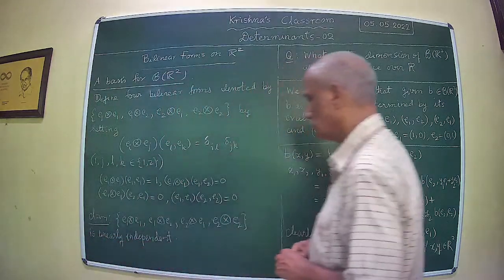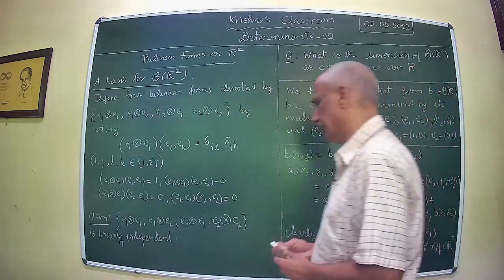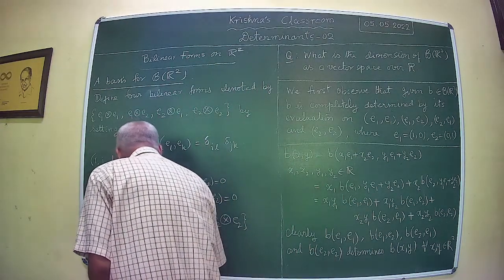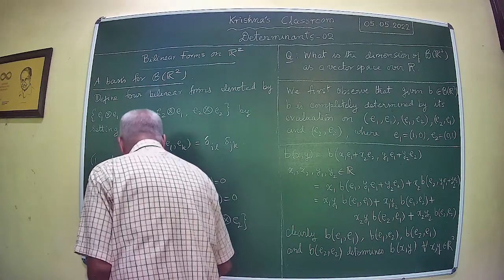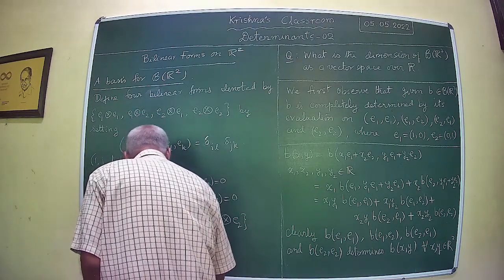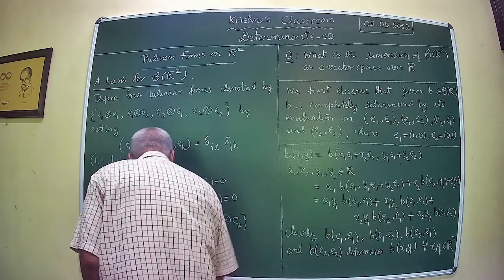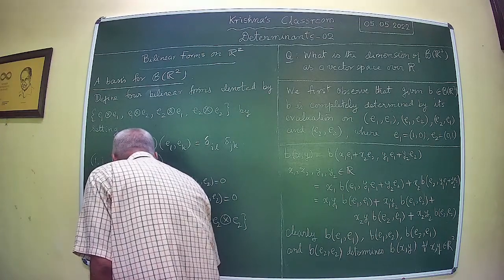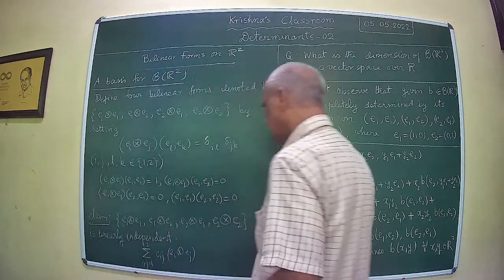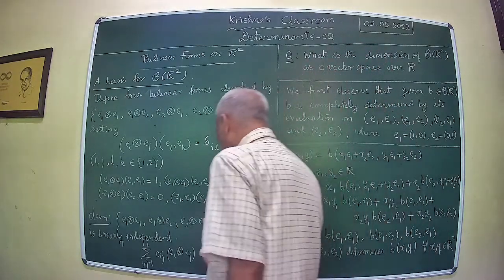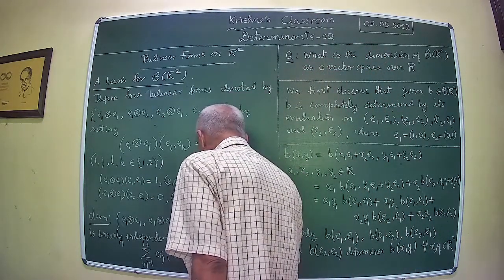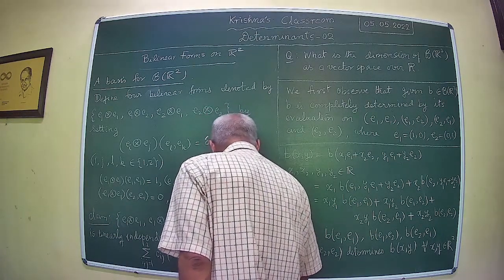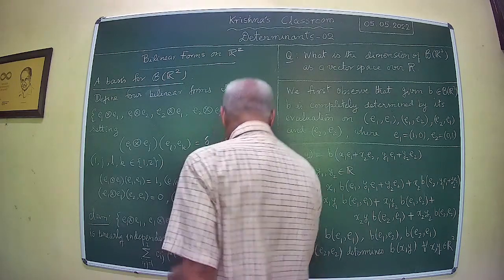Okay. So all that you need to check is this, that is, sigma c_ij, there are 4 terms of this, equal to 0 for every i, j.